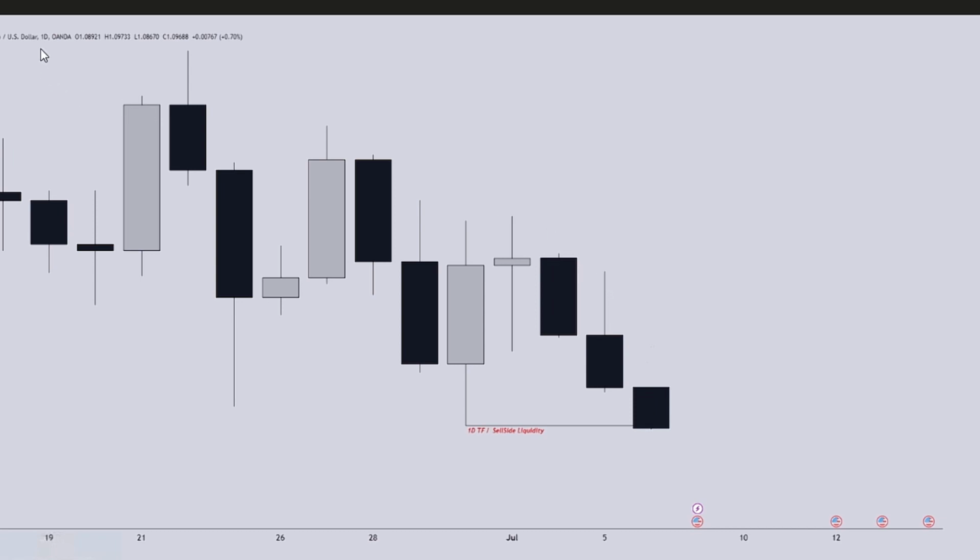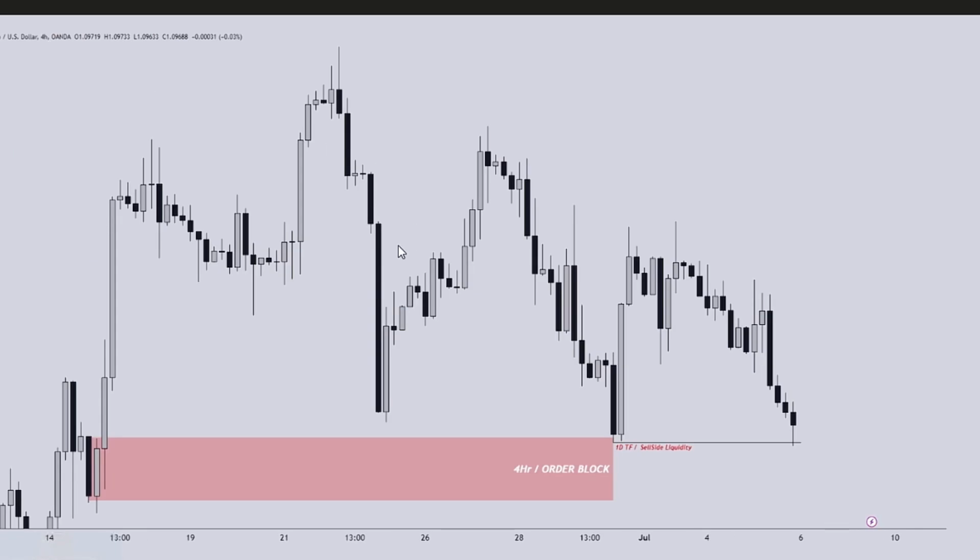So now going from the daily time frame straight to the 4-hour time frame. This is still the same daily low, right? Most recent low. If you pay attention to our left right here, we have an order block, a 4-hour order block, which may be used as some form of support to push price higher, if that makes any sense. I'm just gonna be using retail forms to make it easier for some people to actually understand, right?